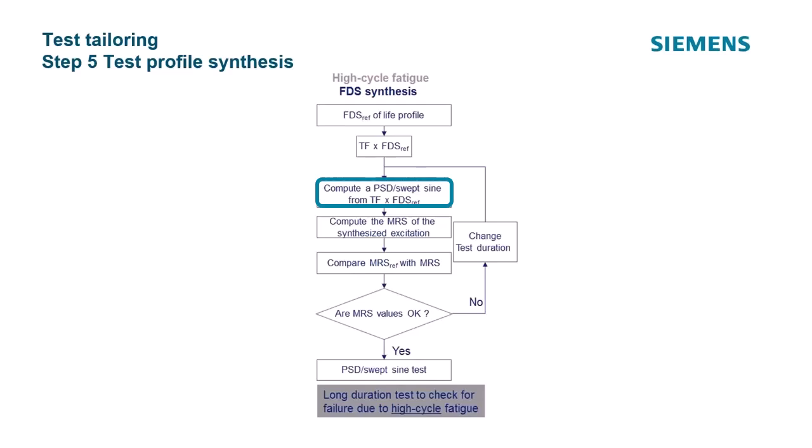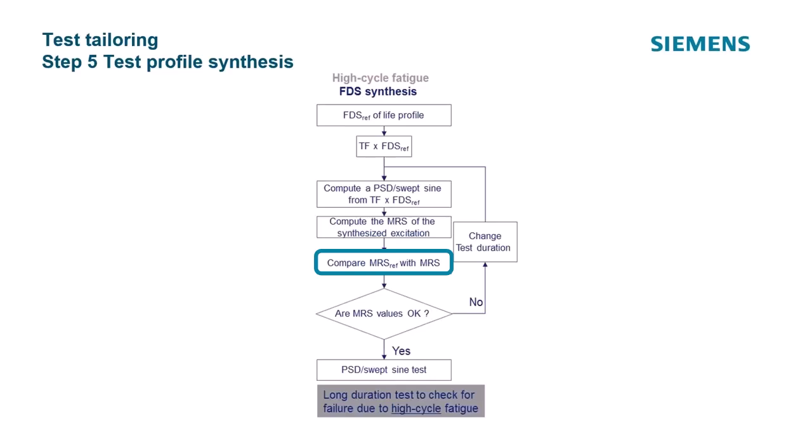From that test PSD, we then calculate an MRS. So now we have an MRS of the life profile that we came into this block with, and we have an MRS of the test profile. And then we're going to compare those, the MRS of life to test. Remember, the only way to accelerate the test is to increase the amplitude, so our MRS should go up.